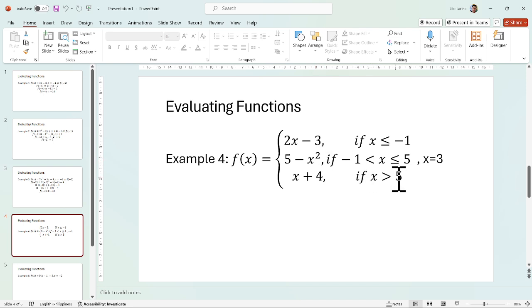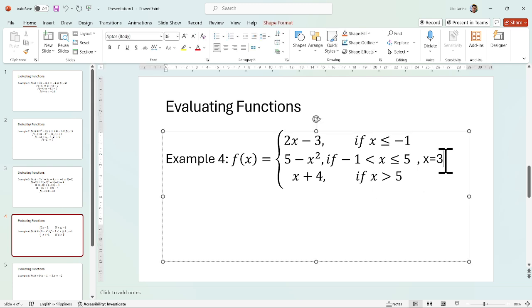But if x is greater than 5, then we will be using the expression x plus 4. The specified value is positive 3. It falls between negative 1 and 5. Therefore, we will be evaluating this piecewise function using the expression 5 minus x squared.